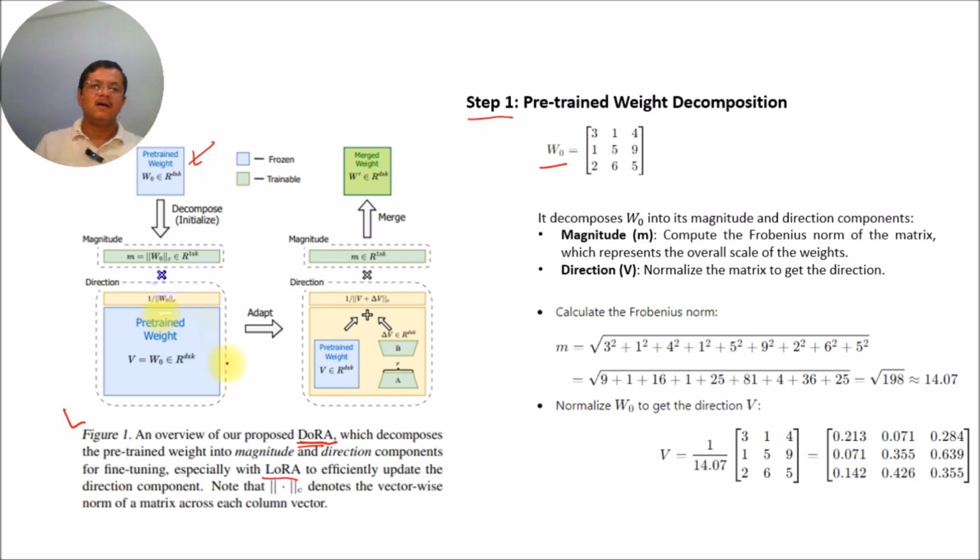The authors claim that LoRA fails to consider the full representativeness of the weight matrices, because it just considers low rank matrices.